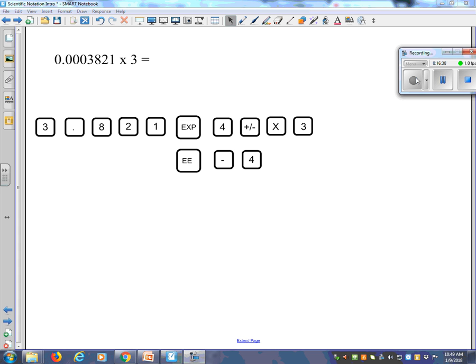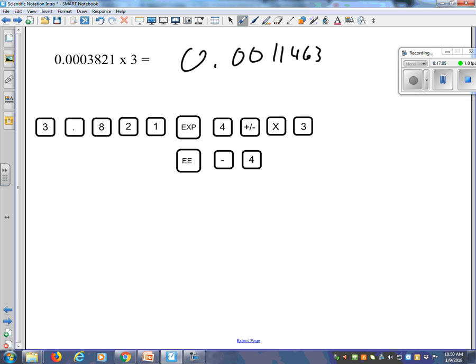Let me get my calculator. 3.821 EXP negative 4 times 3. Now you might get it as 0.0011463. Is that what you got?